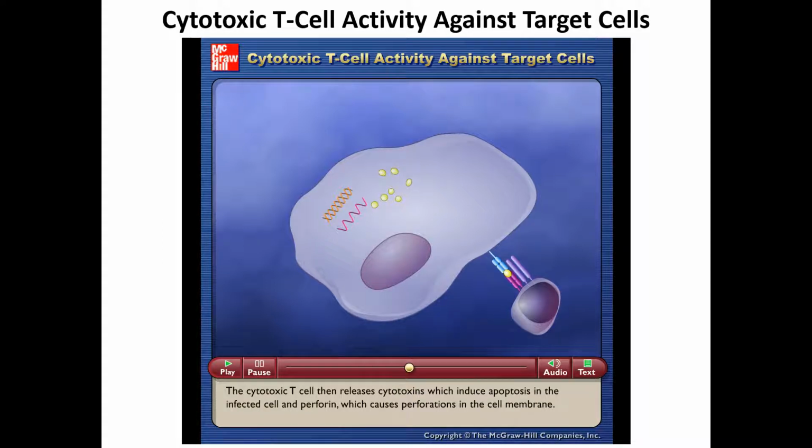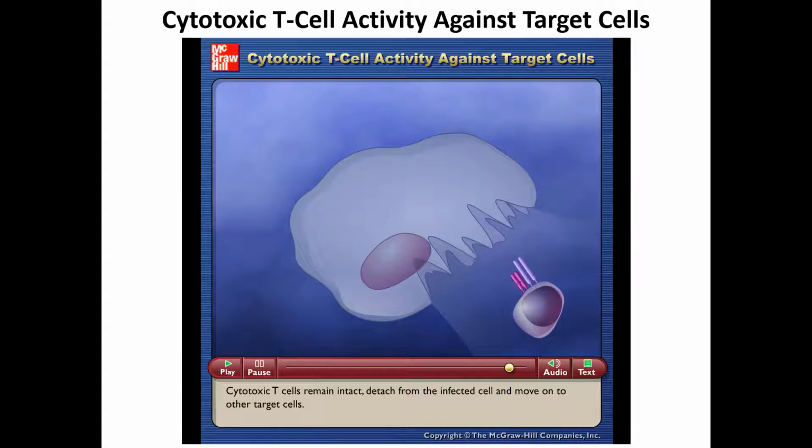The cytotoxic T cell then releases cytotoxins which induce apoptosis in the infected cell and perforin which causes perforations in the cell membrane. Self-proteins are also degraded and the fragments presented on the surface via class 1 MHCs. This is not shown. Fragments of self-proteins are not recognized by cytotoxic T cells. Cytotoxic T cells remain intact, detach from the infected cell, and move on to other target cells.